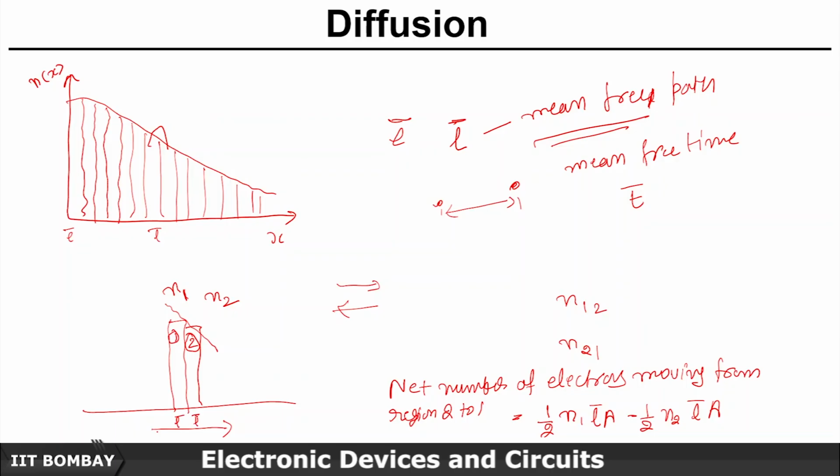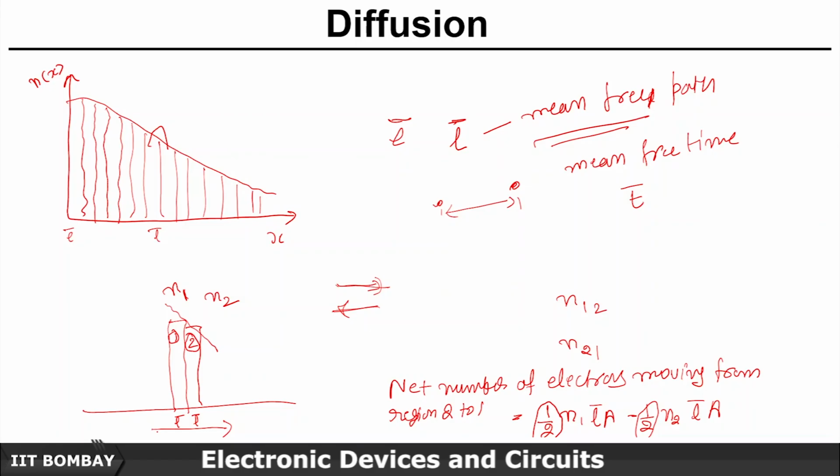So L bar times A gives the volume, and N1 is the concentration per cubic centimeter or per cubic meter, like per volume. And why is this half being used here? That is a good question. As I said, the probability of moving in this direction and in that direction is equal. That is why half is being used.